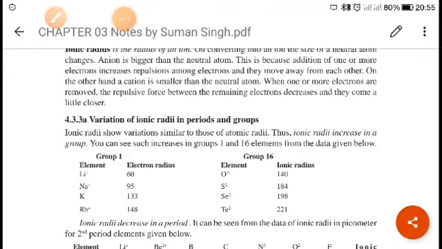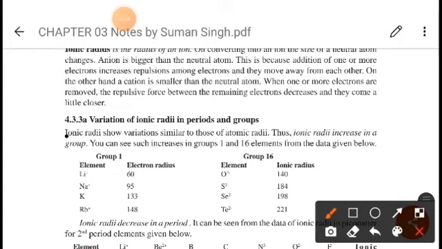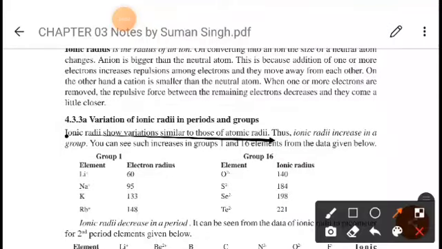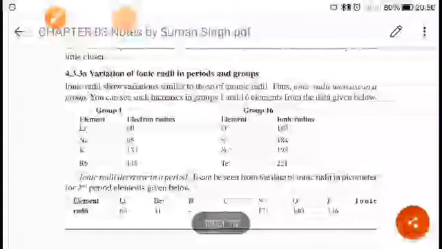So when we talk about the variation, ionic radius shows a variation similar to that of the atomic radius, okay. Thus the ionic radius increases in a group, as we see here. As you can see here, it is increasing, right?